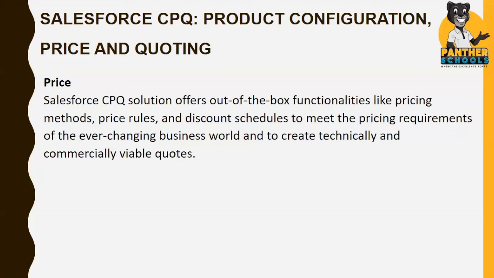We need to write a plugin, and if your requirement is not achievable by price rules and discount scheduling, then we have this different method, the QCP, where you write your own custom logic. We will see this in the upcoming sessions of our series, where you will understand the pricing methods, what discount scheduling is, and how we calculate. So be patient and we will learn lots of things in this series.